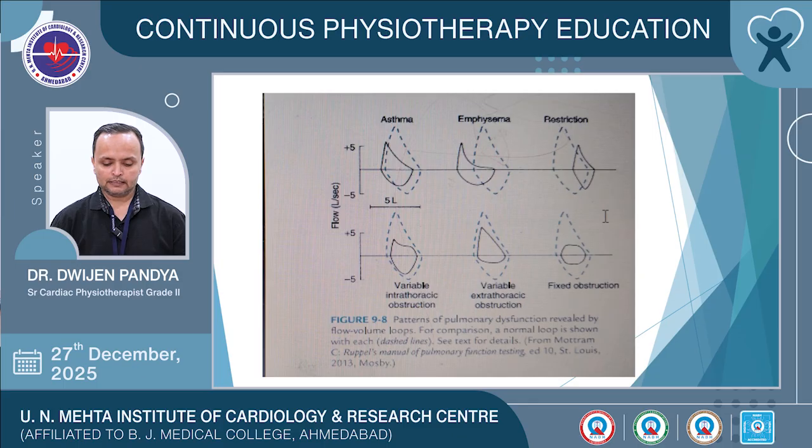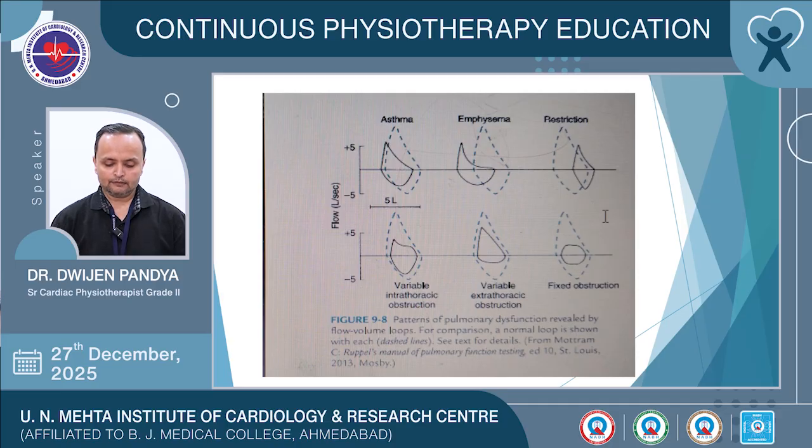Disorders causing generalized expiratory obstruction like asthma and emphysema mainly affect the maximal expiratory flow volume curve, with both exhibiting a reduction in the peak flow and a forced expiratory flow at 50%.